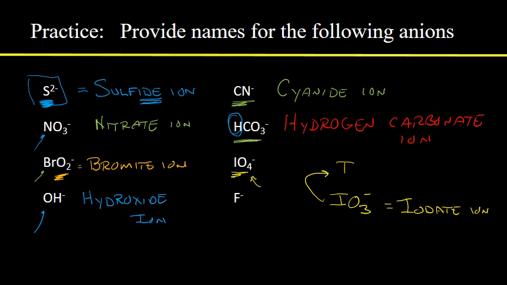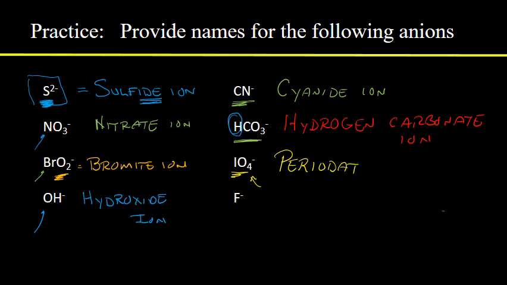So if we go up 1 step in that table by adding 1 oxygen, then we add the prefix per- to the name of the ion. Since we're going up 1 step in the table, we keep the -ate suffix, but we add the per- prefix. So this becomes periodate ion.